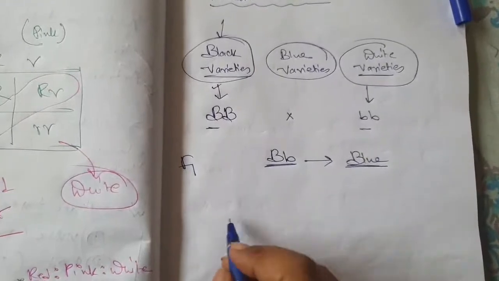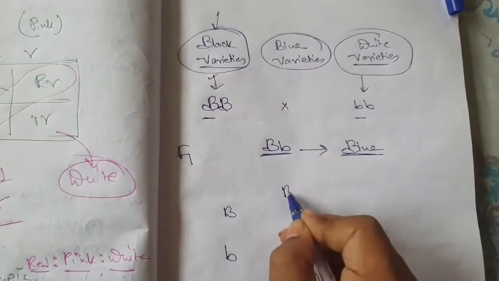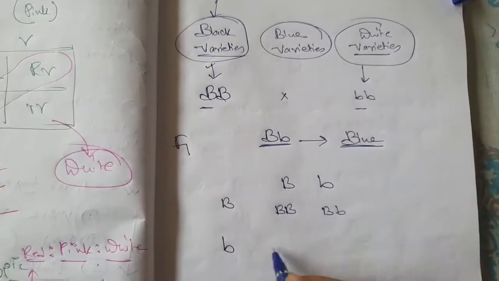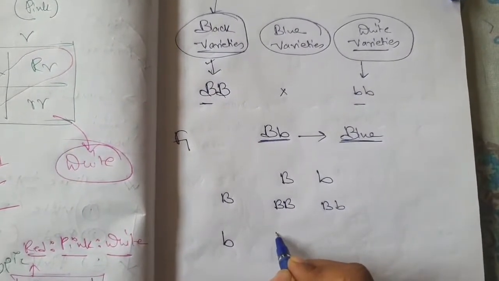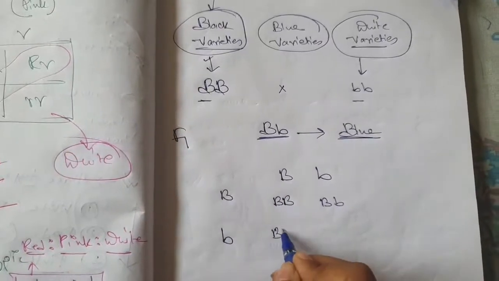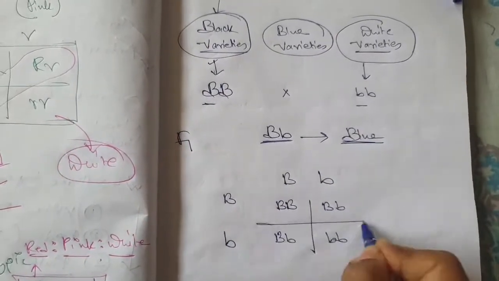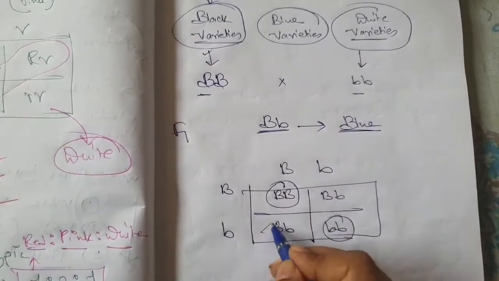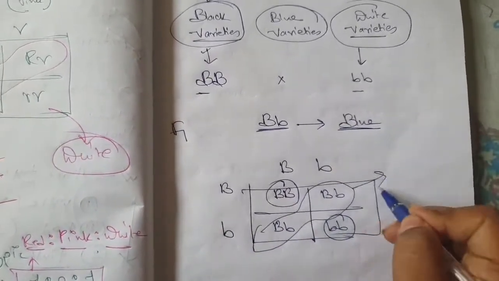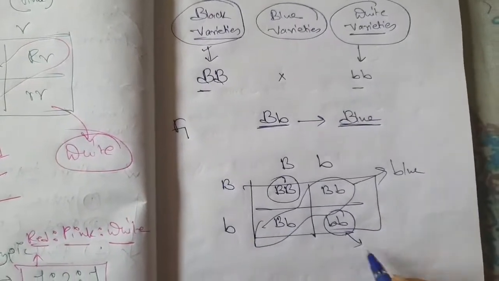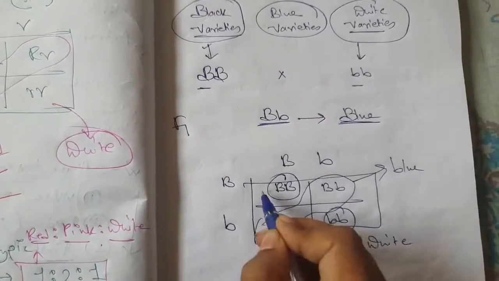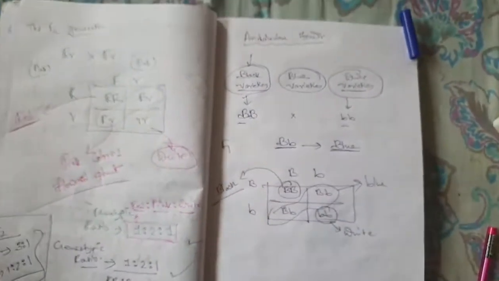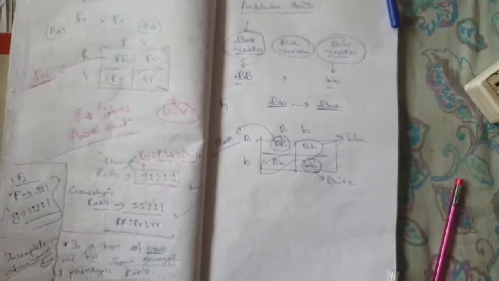And when the blue varieties are crossed among themselves, you will get black, white and blue chickens or fowls. Which is fairly understandable.